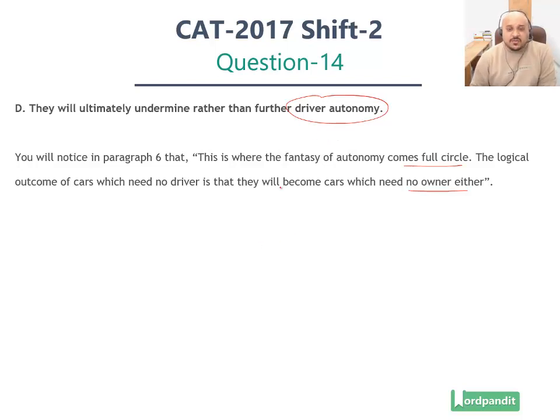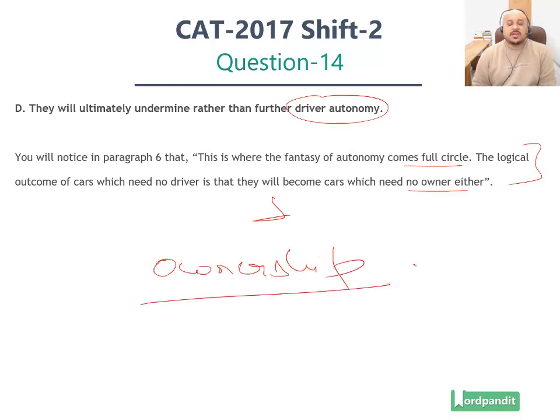Now this goes against what is given in the passage, because in the sense of driving, there is going to be autonomy of vehicles, but there is one thing that is not going to happen. This particular line implies the ownership of vehicles is going to change, right? More than the driver autonomy, this is going to hurt private ownership of vehicles. So that is what the passage is pointing out to.